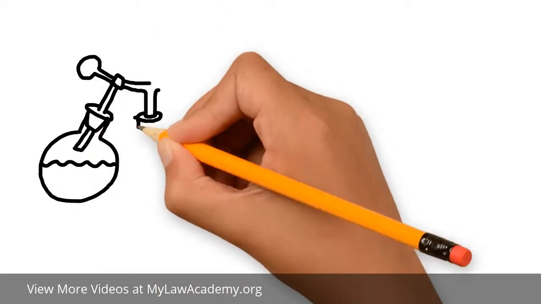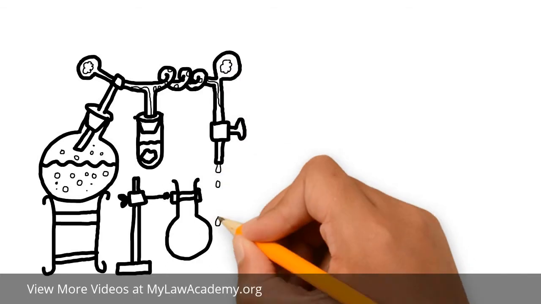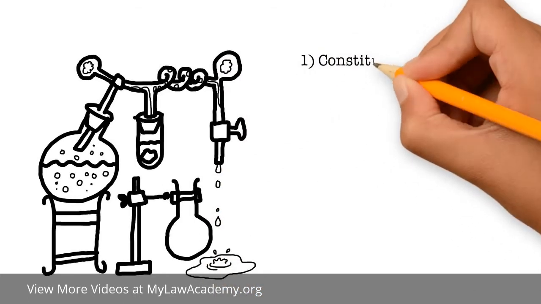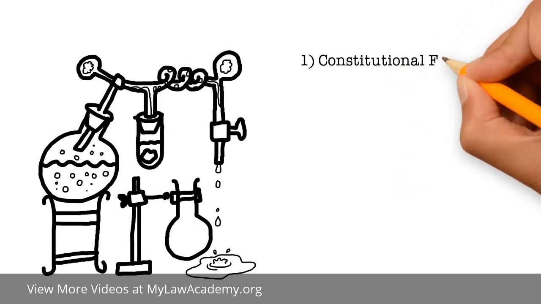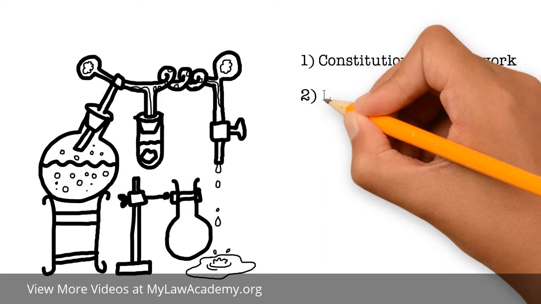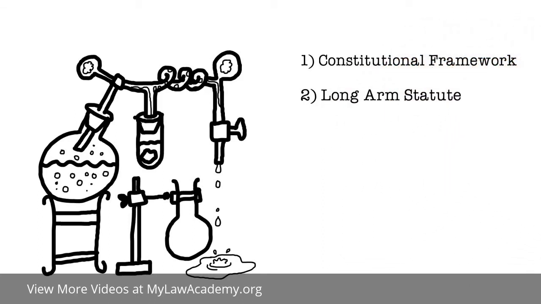So let's summarize the entire thing. Here's the PJ formula. Number 1, give the constitutional framework relating to due process. Number 2, identify the state's long-arm statute, which falls under the statutory framework.